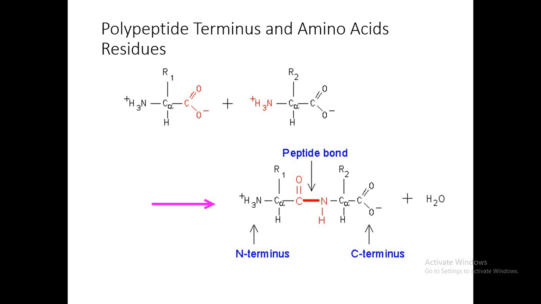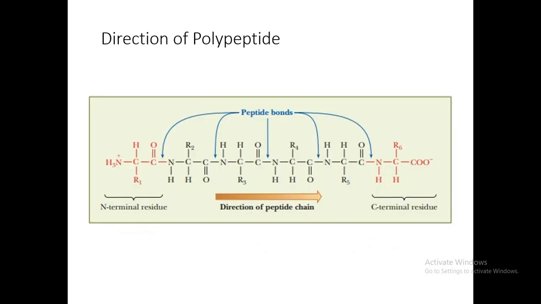But here you have to just keep in mind that each polypeptide chain is made up of amino acids joined via peptide bonds, and a polypeptide chain has two termini, one is the C terminus and one is the N terminus. We always read any polypeptide chain from its N terminus to its C terminus. What does reading mean?